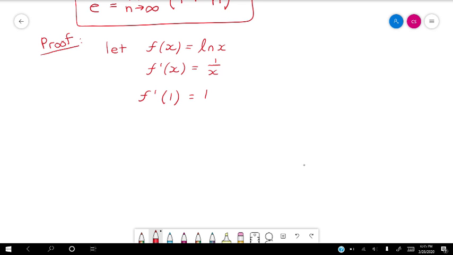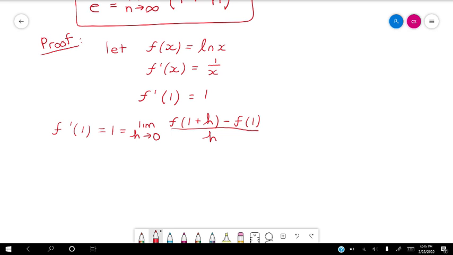We're going to switch over to our derivative definition. So if f prime of 1 is equal to 1, that means the limit as h approaches 0 of f of 1 plus h minus f of 1 over h. And that's the limit definition of the derivative, okay?